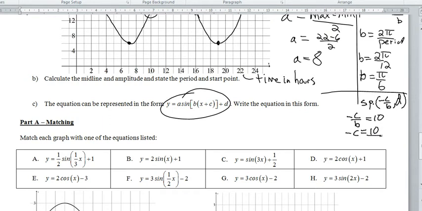Just multiply both sides by B. So negative C is equal to 10B. So C is equal to negative 10B. So C is equal to negative 10 pi over 6. Okay. We could reduce that. It would be negative 5 pi over 3.